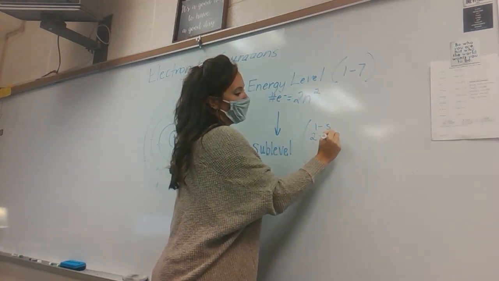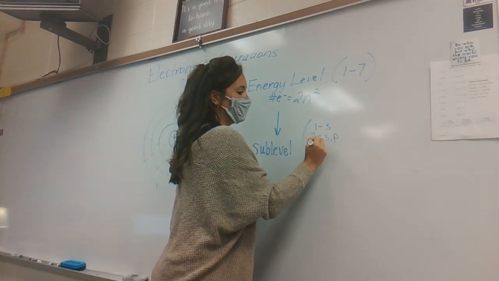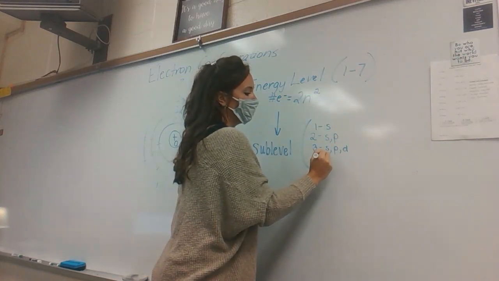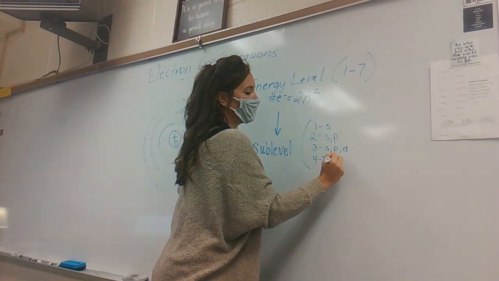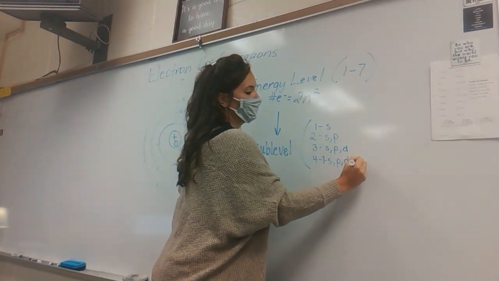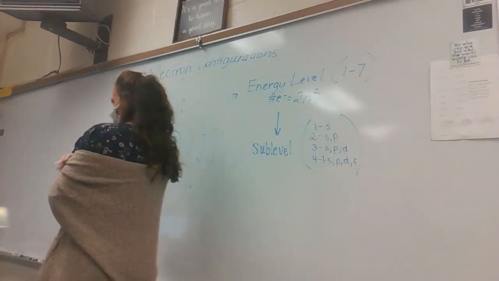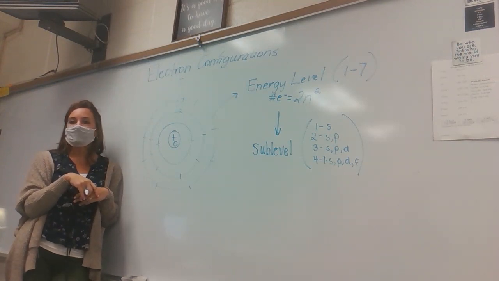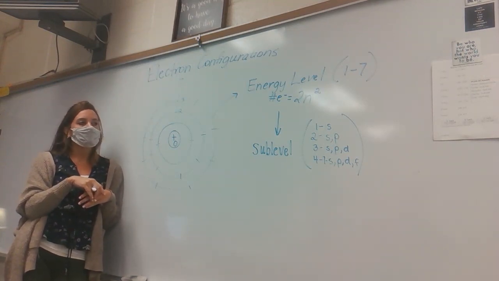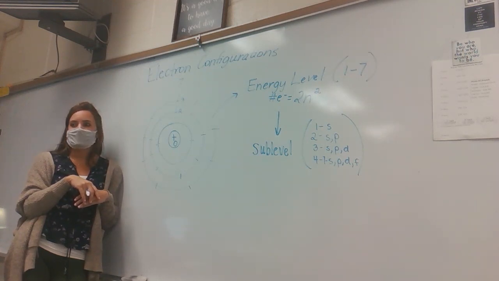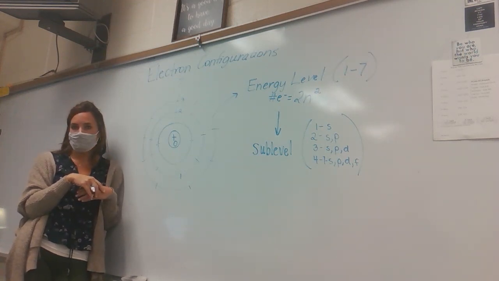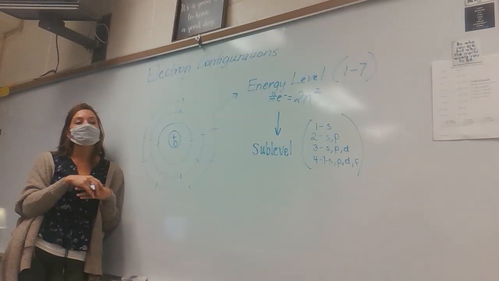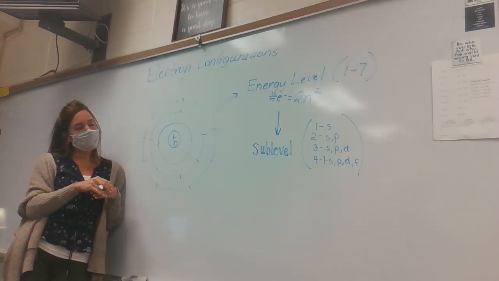Energy level 2 has an S and a P. Energy level 3 has an S, a P, and a D. And then 4 to 7 all have S, P, D, and F. Now, technically, we have not discovered a 6F or a 7F or even a 7D. There's nothing that's been found that's that big. But theoretically, we could someday, I guess.